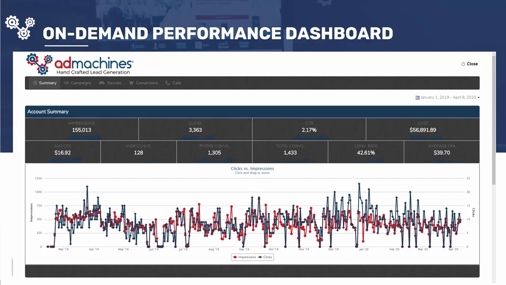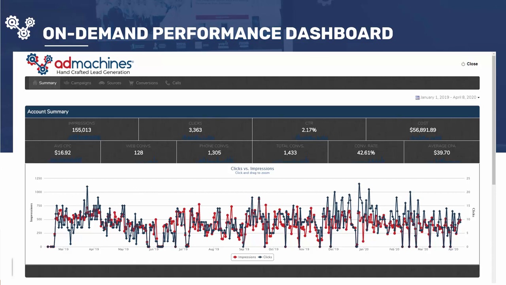I know exactly how many leads I received for a given campaign. I know which keywords are driving in revenue for my clients. And we do that here with our performance dashboard. Here's an example water heater account over the period of a little bit more than a year.